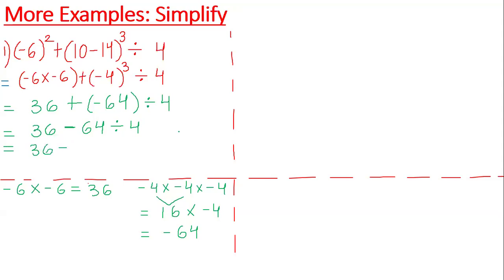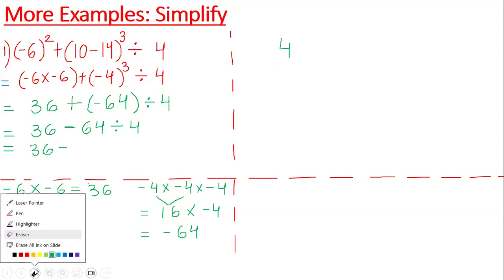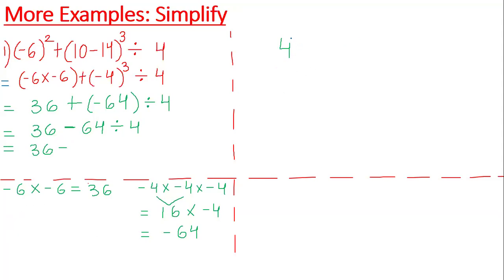Caleb, can you all divide? Yes, sir. Let's divide it. How many times does 4 go into 64? 4 goes into 6 how many times? Once. 4 times 1 is 4, and 6 minus 4 is 2.